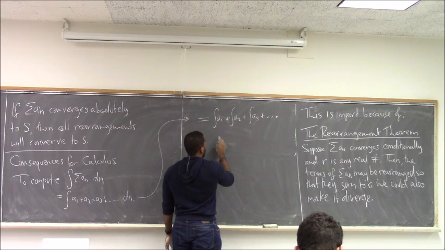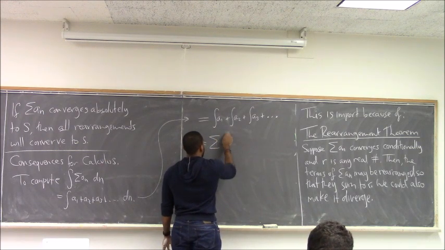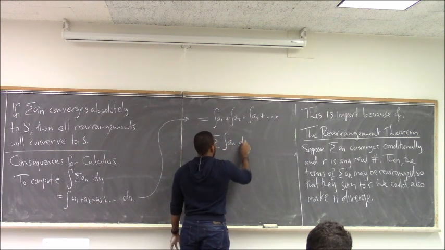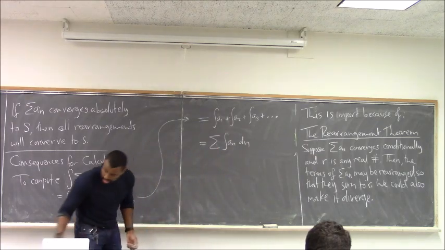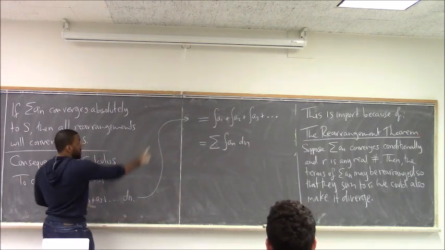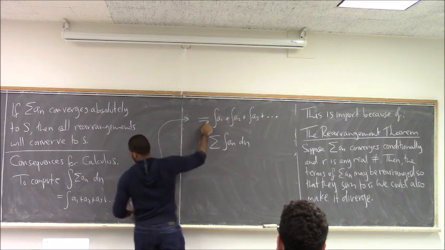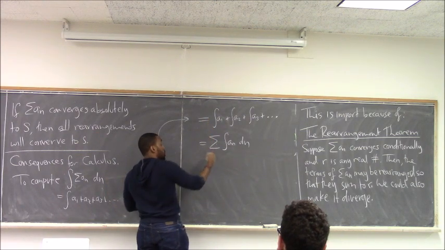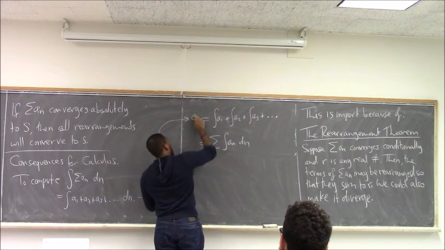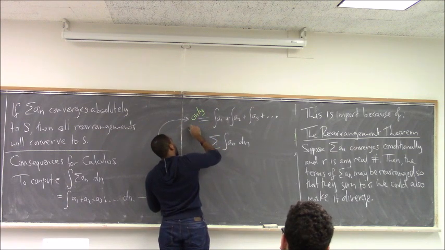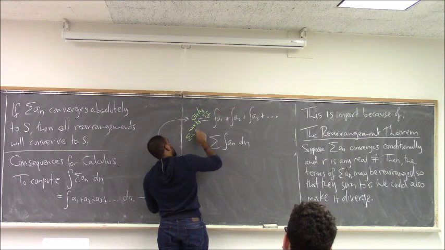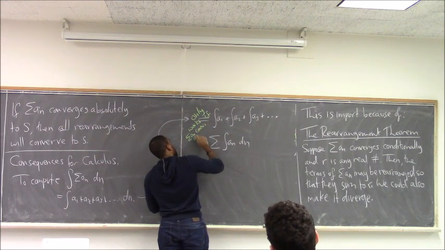So here, what you end up with is a sum of something that looks like this. And it turns out that this step here, we're going to want to go from this step to that step to work out a lot of things. This step only works if a_n converges absolutely.